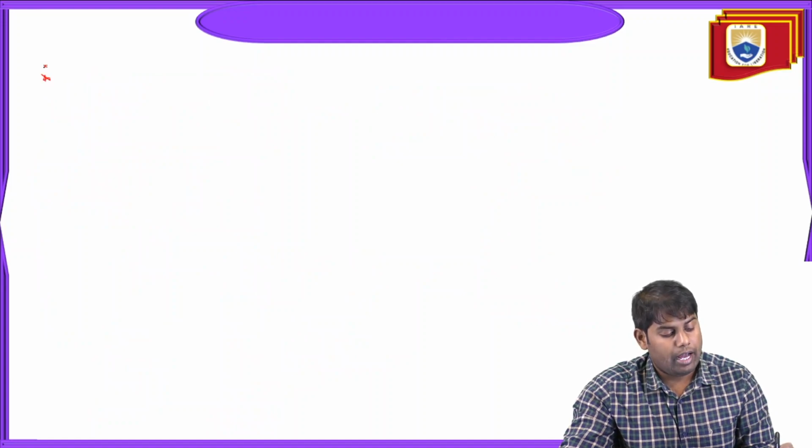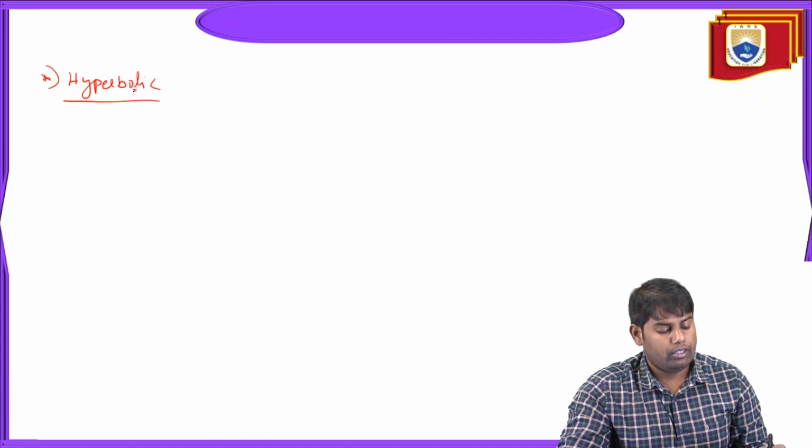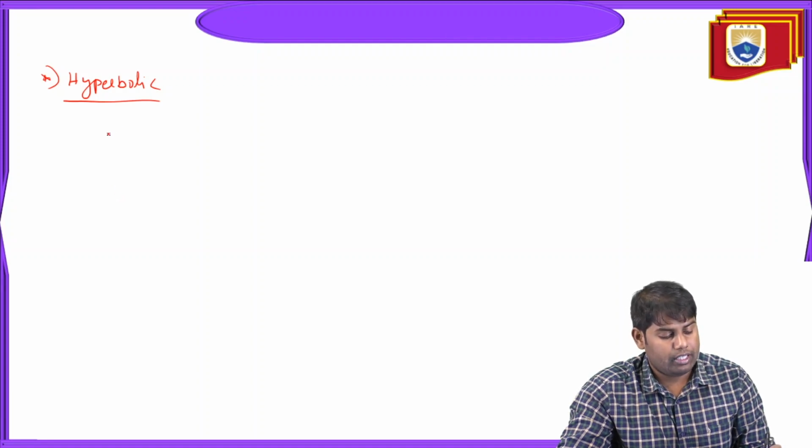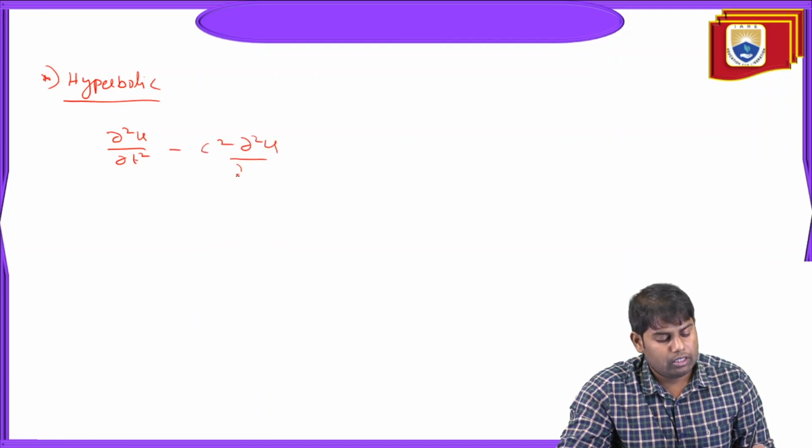And now we have the hyperbolic. For the hyperbolic, in the question we have seen the second order wave equation. So let us take ∂²u/∂t² minus c² ∂²u/∂x² is equal to 0.